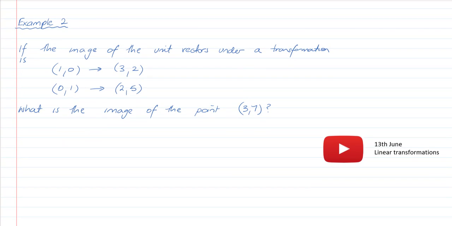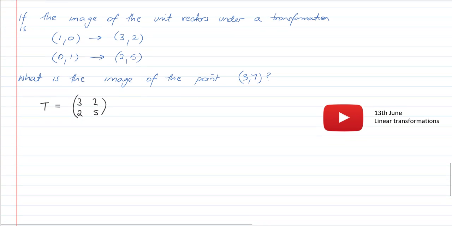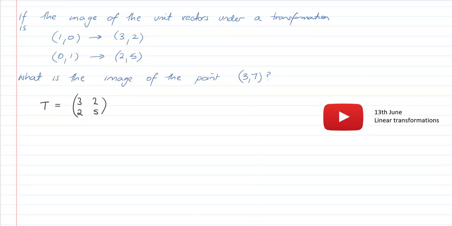If the image of the unit vector (1, 0) under the transformation T is (3, 2), and the image of (0, 1) is (2, 5), what is the image of (3, 7)? It's worth recalling that this unit vector (1, 0) is the i component, which means that the transformation T is equal to (3, 2) there, and then (2, 5) there. Now, you might not remember this process, so let me add an in-between step.